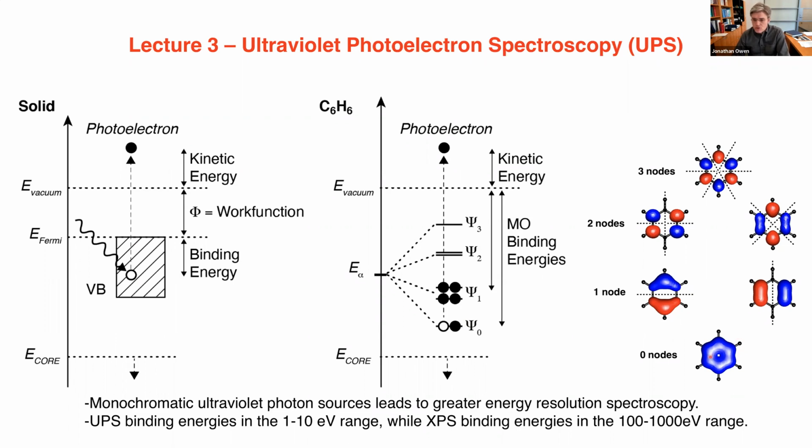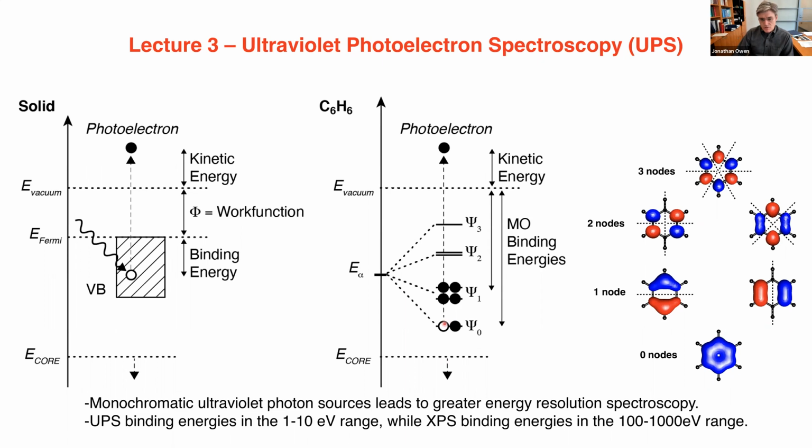You know that there are 6 MOs made up of those 6 p orbitals in a ring, and they have this symmetry where it's singly, doubly, doubly, and singly degenerate, adding nodes as you go up. Because there are 6 electrons, each one of these MOs has 2 electrons in it, and these ones here are empty.